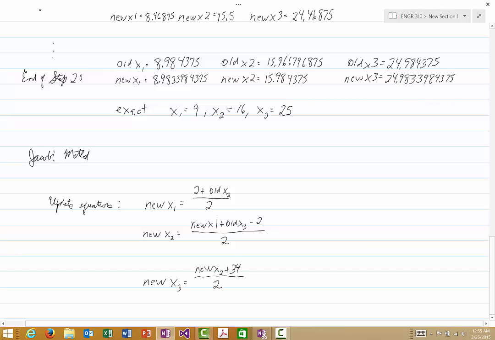x2. So overall, the philosophy of the Jacobi method is to always use the freshest data we have, or you might say the most recently calculated value. As soon as we update a value of x, then we'll start using that new value rather than continuing to use the old value until the end of that particular iteration that we are on.